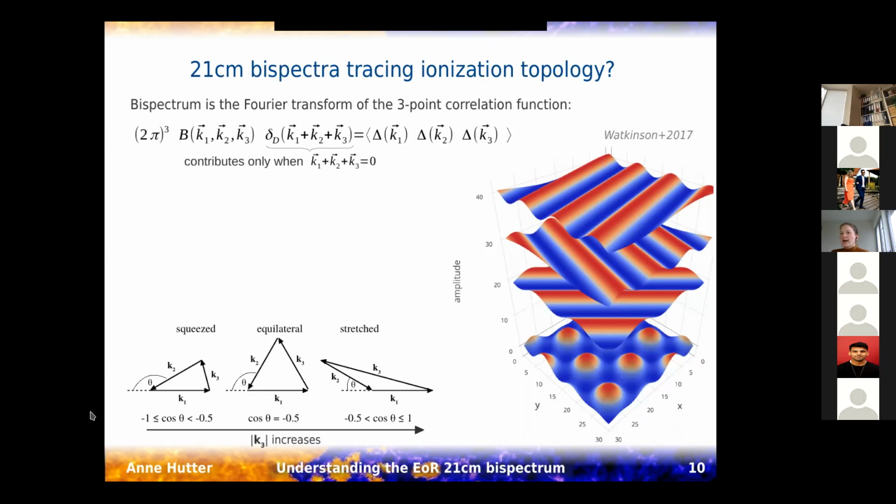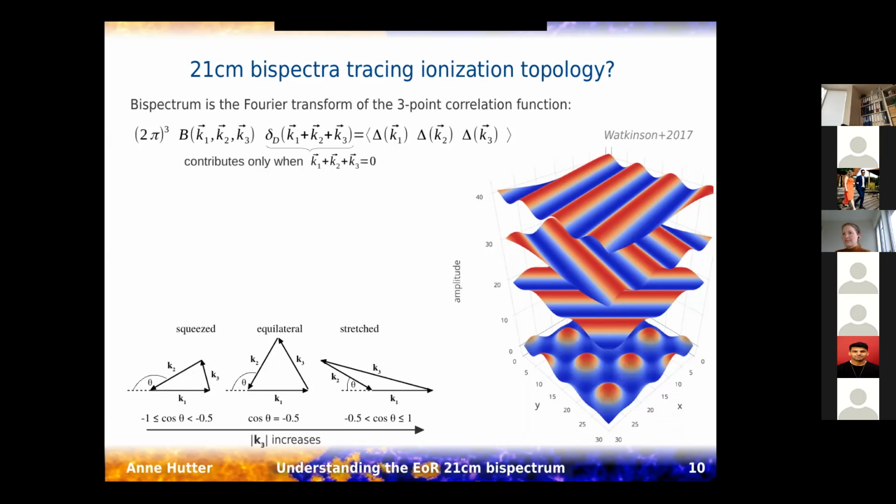What I'm going to do is look at what we call isosceles triangles. These have the k1 and k2 vectors with the same length, and we will vary just the k3 vector.